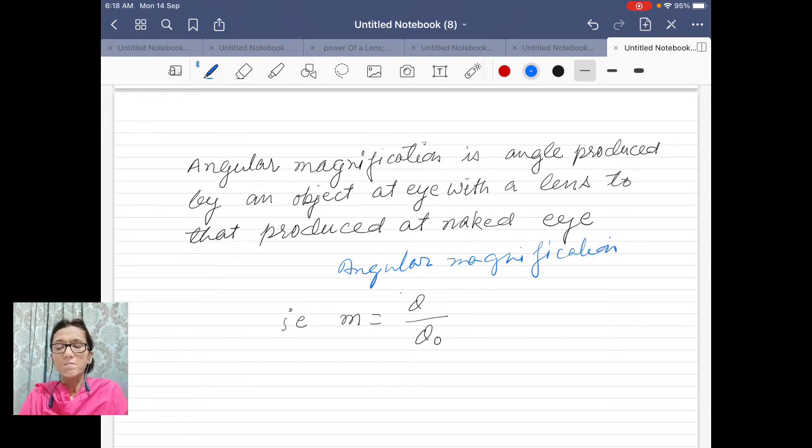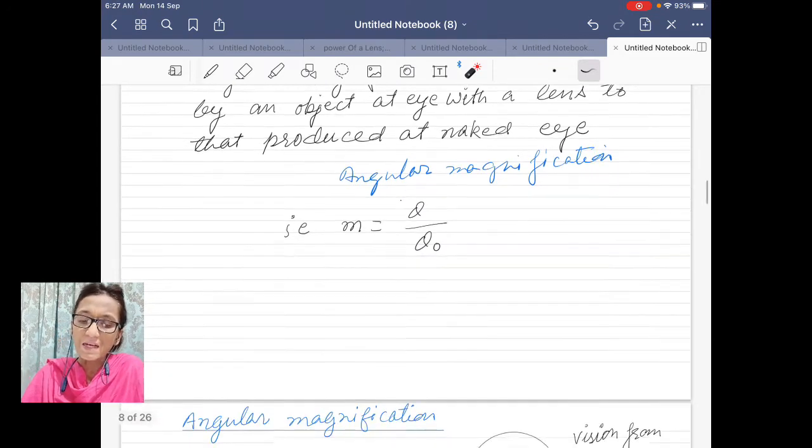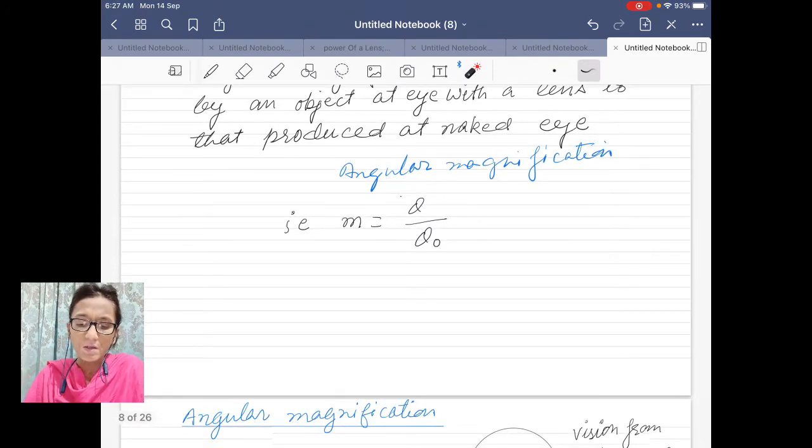Angular magnification produced at our eyes by the rays coming from the object is equal to the angle made at our eye when we are using any visual aid, any convex lens, divided by the angle produced by the object at our naked eye. So magnification is equal to theta upon theta naught.